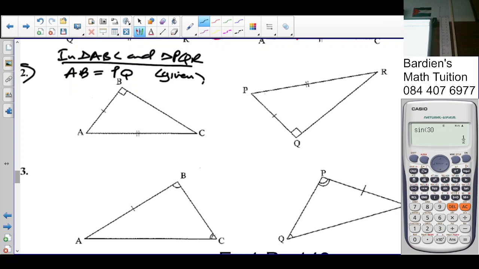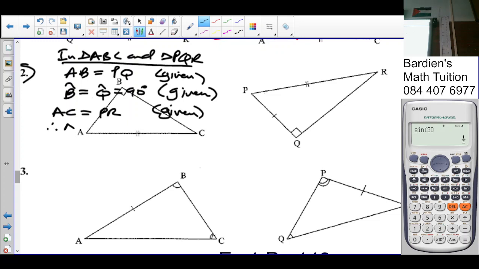Given. Next. Angle B is equal to angle Q. Why? Given. Next. AC is equal to PR. Why? Given. So therefore, triangle ABC is congruent to triangle PQR, the order was right. Why? RHS. We use the right angle, the hypotenuse and a side. So RHS.